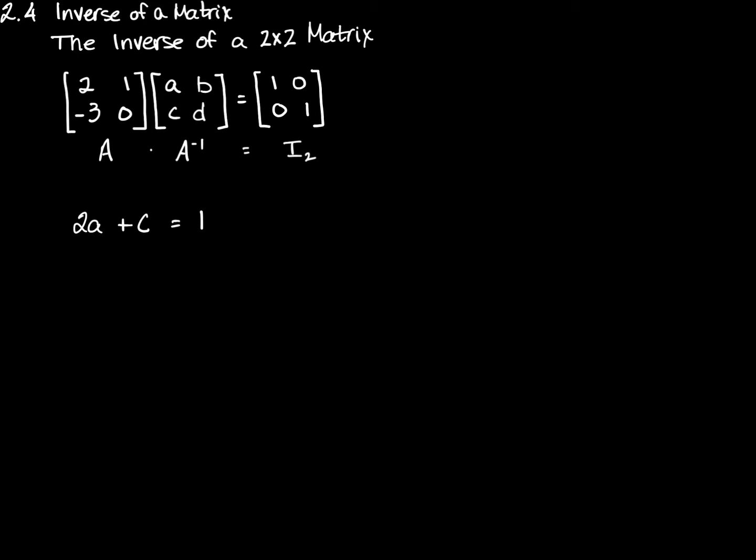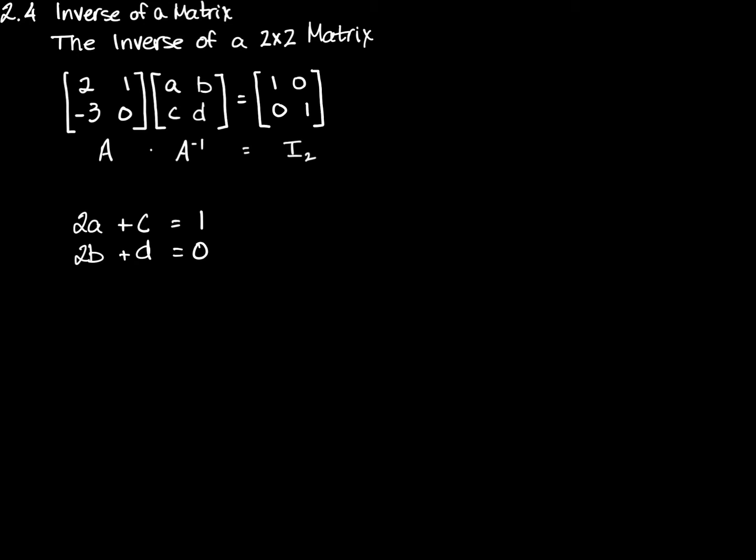And then we'll do that for the other entries over here. We'll have 2 times B plus 1 times D, and that's going to equal 0. 2B plus D equals 0.